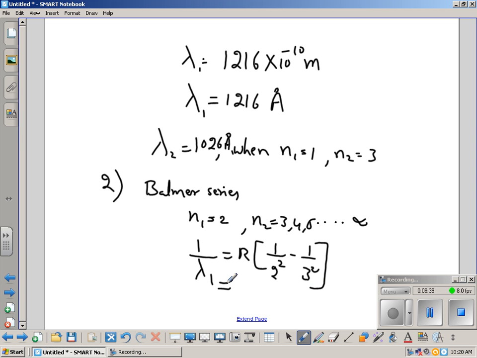R value you know is 10.97 into 10 to the power of 6. Here, how much? 1 by 4 minus 1 by 9 is 5 by 36.